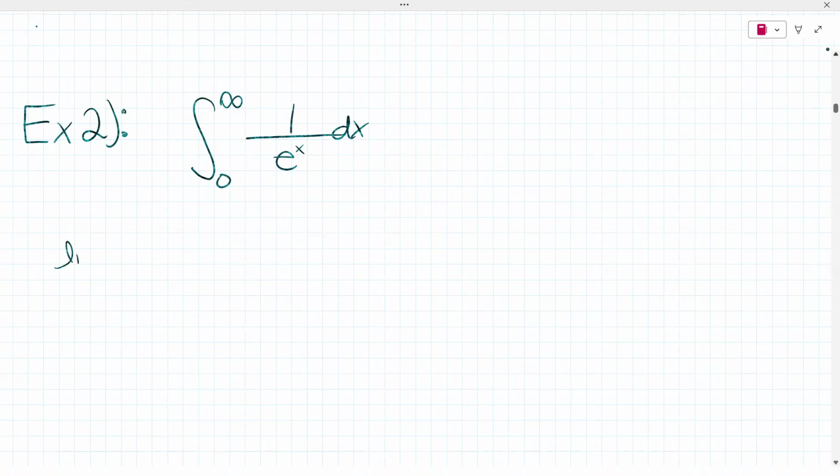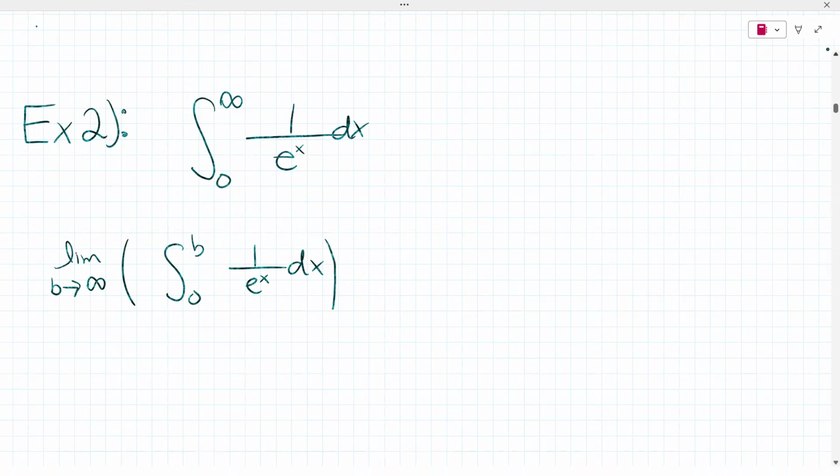So we're going to rewrite it as the limit as b goes to infinity of the integral from 0 to b of 1 over e to the x dx. And what do I do? I'm going to rewrite this as a negative power.